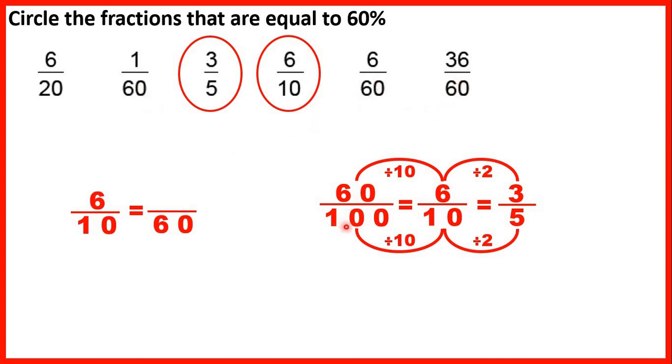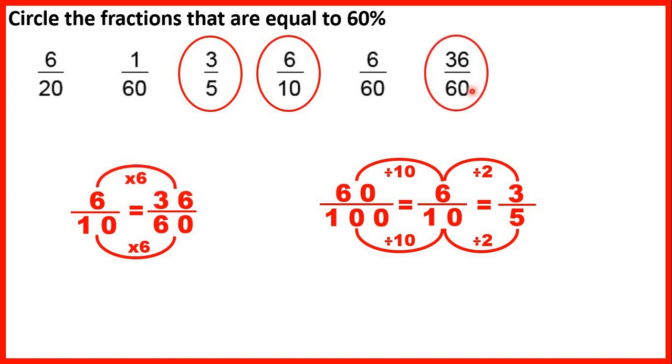We can't get 60 from 100, but when we simplified it, because we got 6 tenths, we can change tenths into 60ths. 10 times 6 is 60, and 6 times 6 is 36. So 36 over 60 is equal to 60% as well.